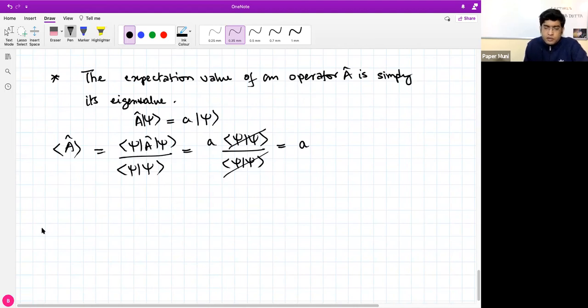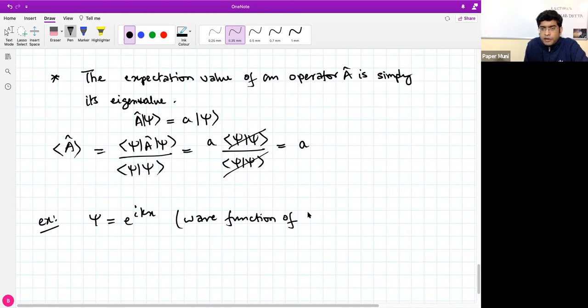Now let's take an example. If I give you psi is equal to e to the power i kx, this is a wave function related to the free particle. All right, so this is the wave function of a free particle.